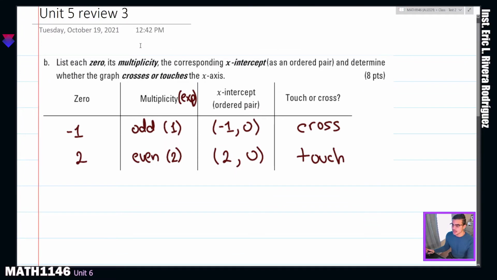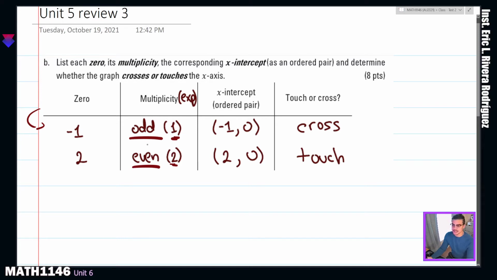Okay. Another thing that I wanted to discuss is when we use this table to determine the behavior of the graph at the x-intercepts. I want you to tell me here odd or even. A lot of you used the value of the exponent, 1 and 2. Instead of giving you 2 points, I took 1 point away because yes, that's the exponent, and that's completely correct.